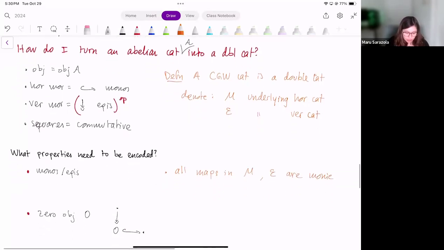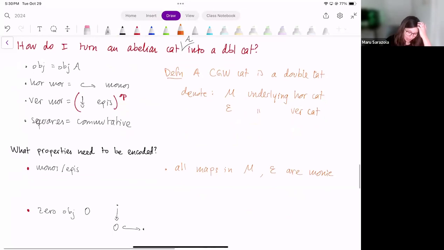Then I was also using the fact that I have a zero object, but now I really only care about the relation to the zero object of my epis and my monos. In my abelian category, zero is initial among the monos and terminal among the epis.